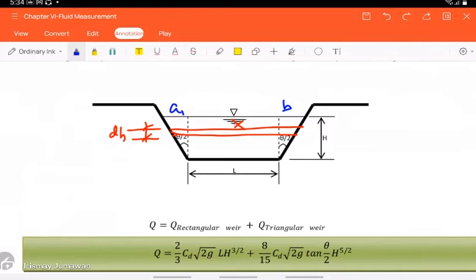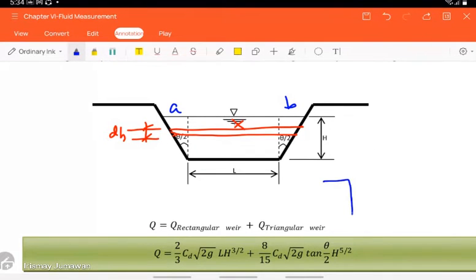Or no, it's only A and B. You have only A and B. So when you derive a formula with different side slopes, it is okay. Much better, because you can apply it at any condition.